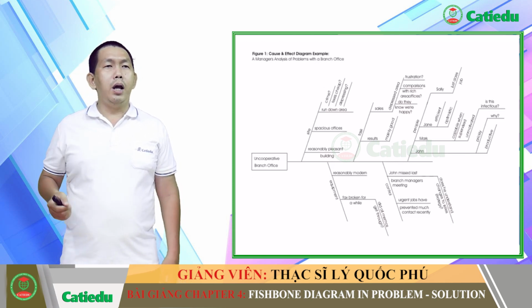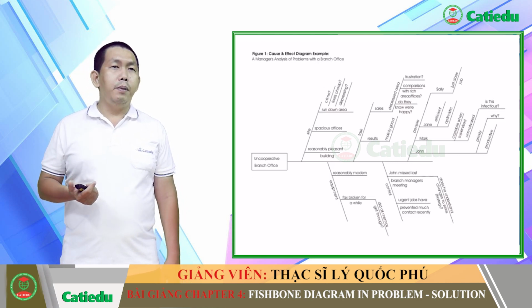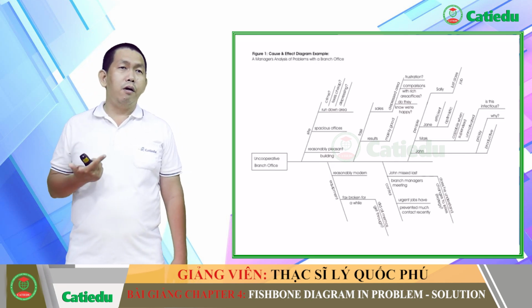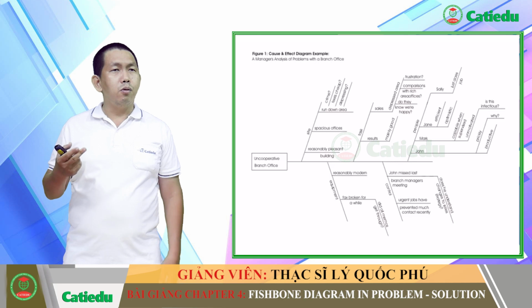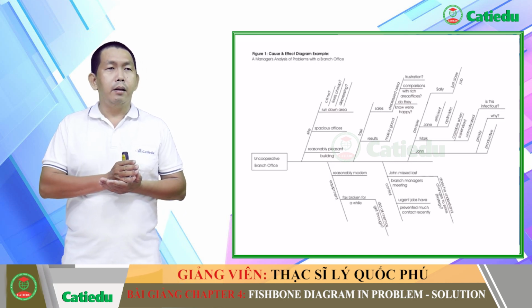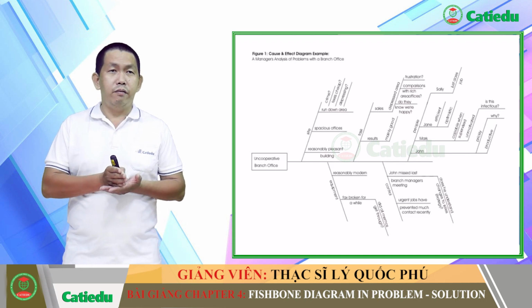From the site, you have to analyze the building. Is the reason caused by the building, or the special office, or a rundown area? So what are the causes of the problem of the uncooperative branch office?